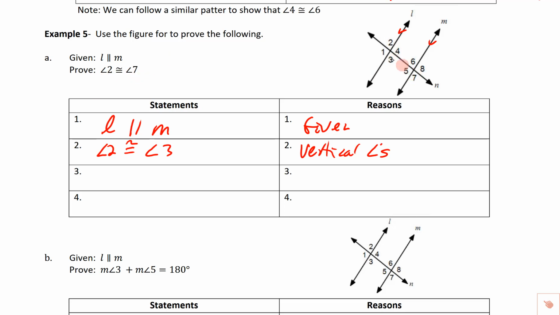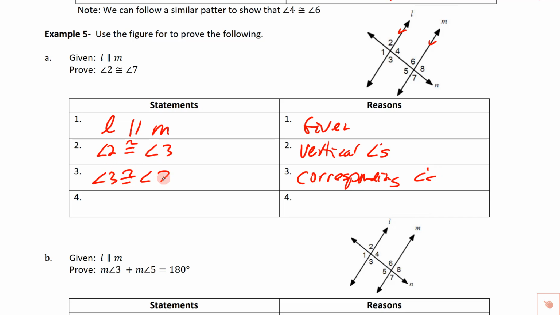Well, 3 and 7, those are in the same spot. So angle 3 is congruent to angle 7, and the reason we know that is those are corresponding angles. And then you can kind of see what's going on here. This happens a lot once we get used to this. Angle 2 is congruent to angle 3.